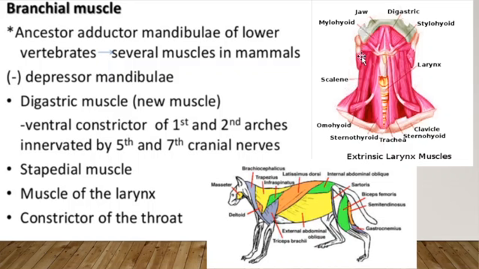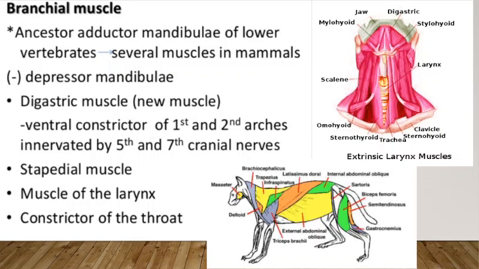So if you want to remember what the digastric muscle is, it is located underneath your mandible. So underneath your mandible, this is the digastric. You have a two-bellied muscle.